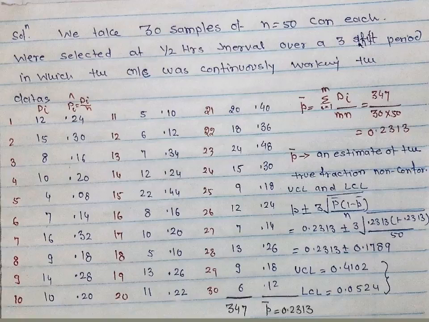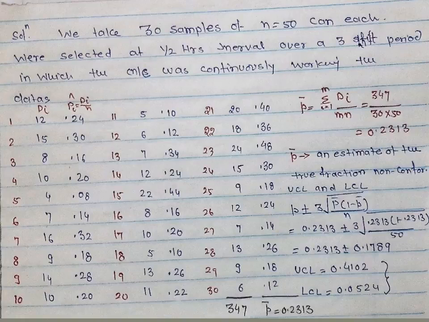Then we calculate the P bar, that is the sum over i equals 1 to m of d i over m n. We sum all the numbers of defectives, which is 347, and the number of samples we collected is 30, and in every sample we are taking 50 cans.